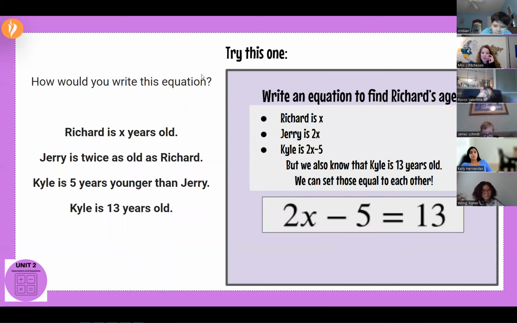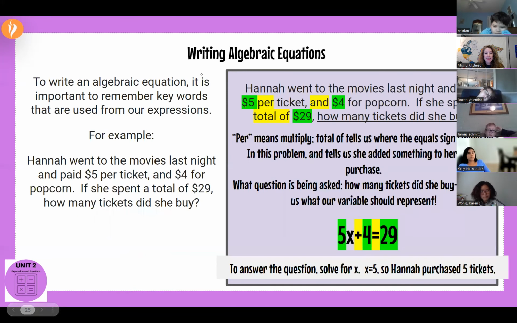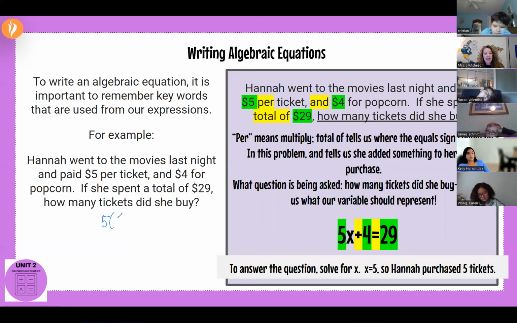It says, how would you write this equation? Richard is X years old. Could you write it like 5 times 5 plus? That's fine. Someone is saying on the last problem, could we just have written 5 times 5, which is the final answer, plus 4 equals 29?